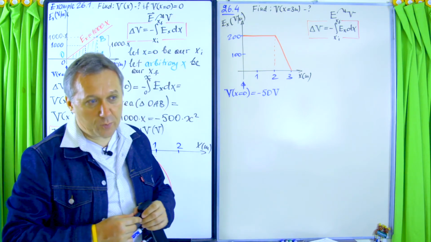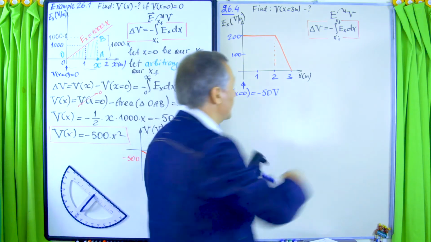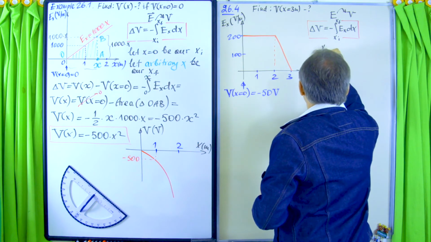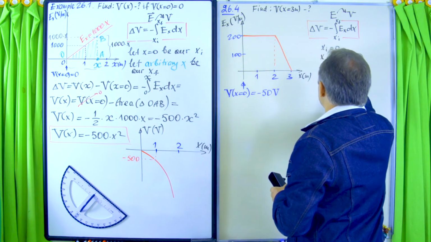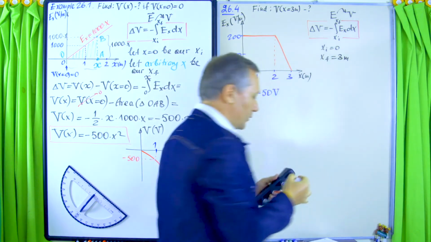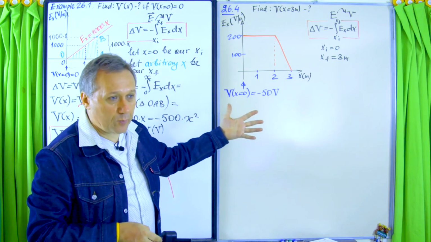In this case, I think it's obvious because some information is given at the origin, so this will be our initial point. X initial is 0 and x final is the point where we want to find the value of the electric potential. Of course, I can change the statement of the problem slightly.